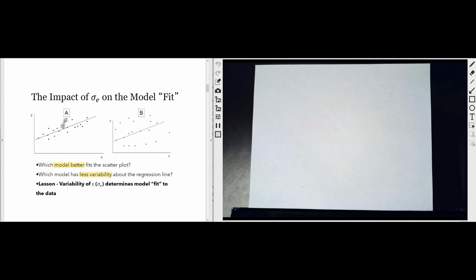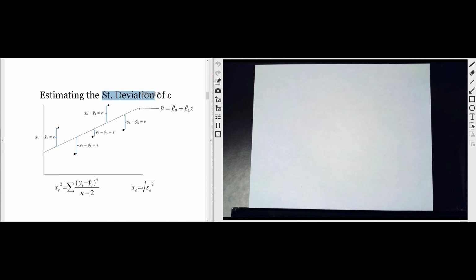Clearly, the errors around the regression line in scatterplot A are less than the errors around the regression line in scatterplot B. So we're going to say that the regression line for scatterplot A is a better fit to the data than the regression line for scatterplot B. That is, our error terms in B are much greater.